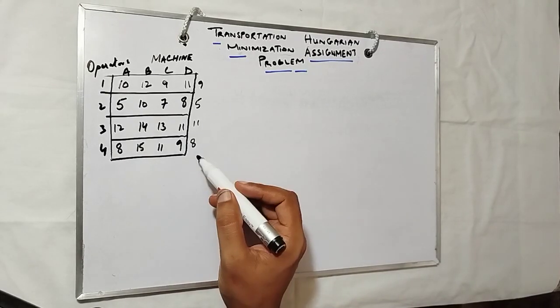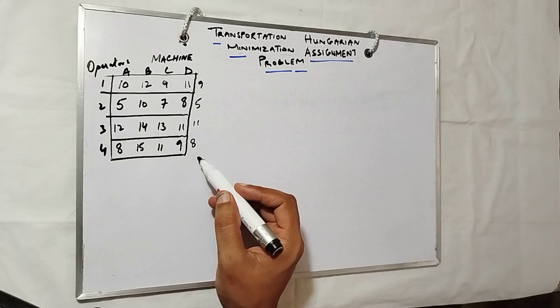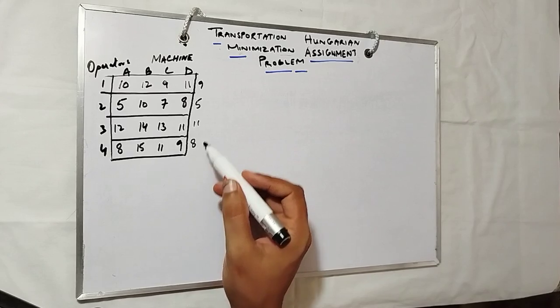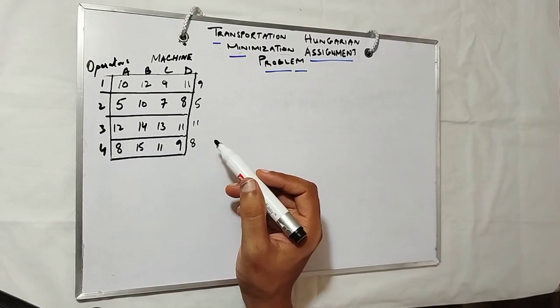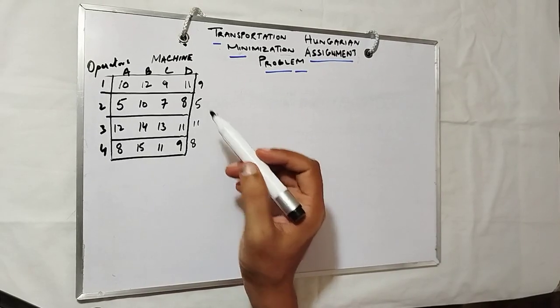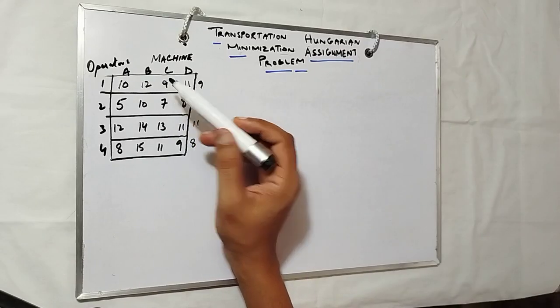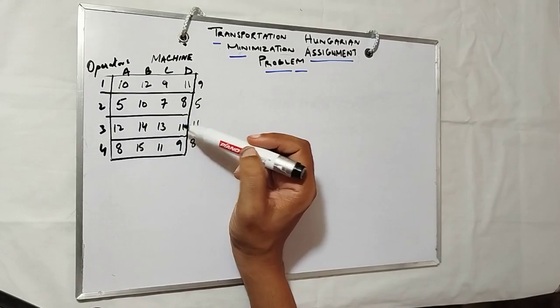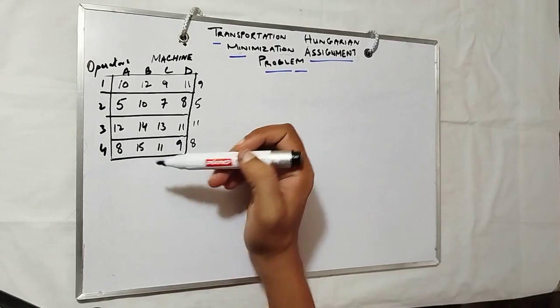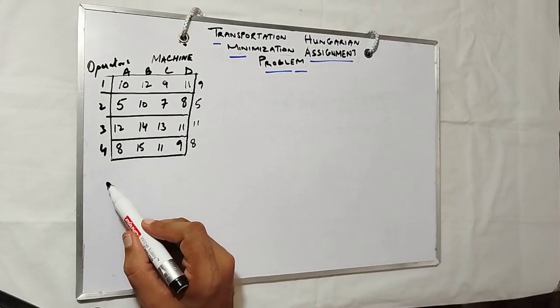So you see these are the least values. Now we have to subtract these values from the elements inside. So remember, one value in every row would be 0. Like this value would be 0, this value would be 0, this value would be 0, and this value would also be 0.